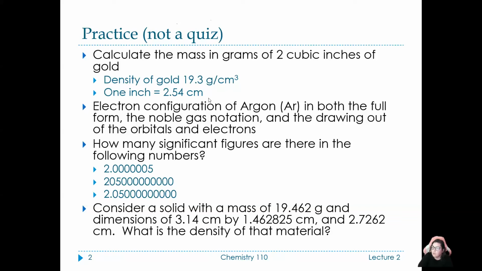All right, well, I know that 1 inch is 2.54 centimeters. Why did I choose that one? Because it contains an inch, and I want to get rid of the inches. So I'm going to cube this whole thing. If I do that, then I need to do the same to that number out in the front, right?